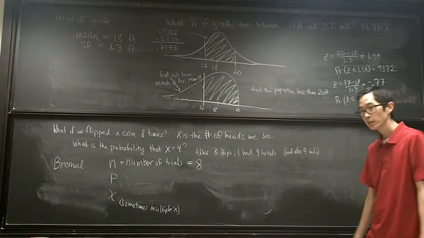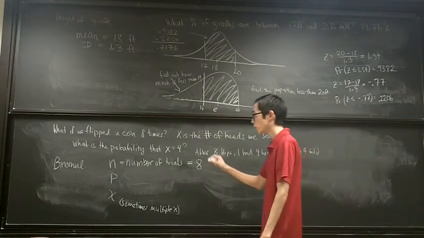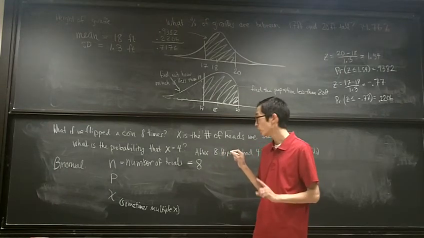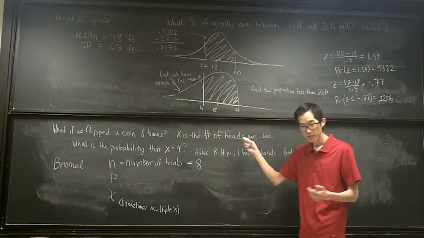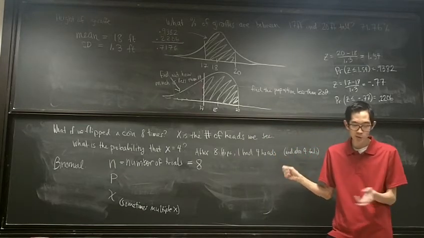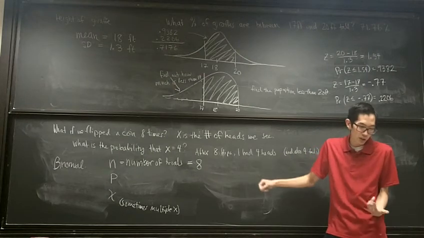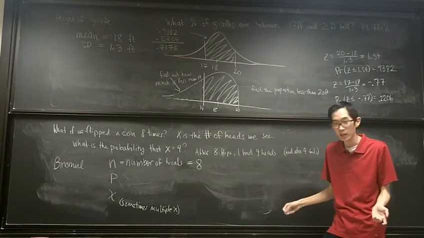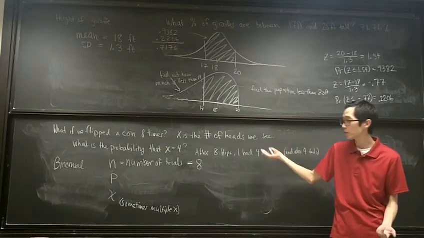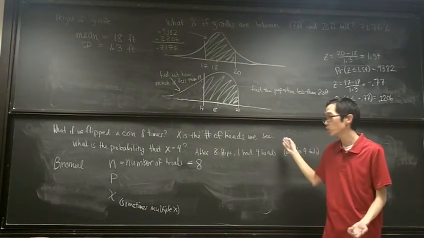The p is the probability of what we call a success for one trial. Success is an arbitrary label, but it was used historically, and so that's what we still use today. In this case, seeing heads would be a success, because we said x is the number of heads we see.